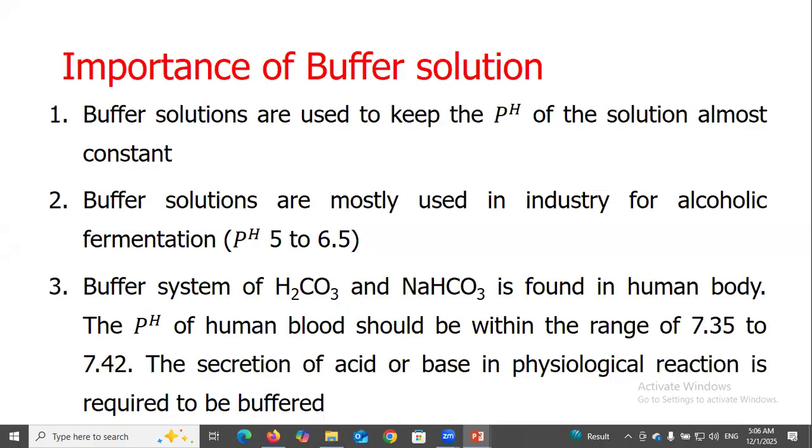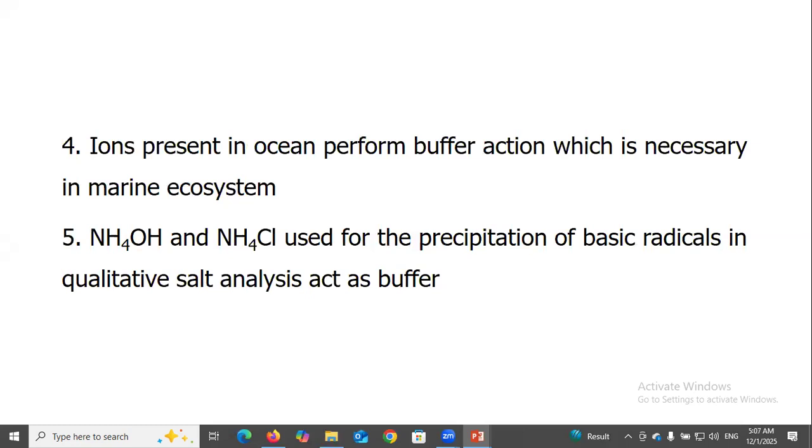The secretion of acid or base in physiological reactions is required to be buffered. Ions present in the ocean perform buffer action, which is necessary in the marine ecosystem. Ammonium hydroxide and ammonium nitrate are used for the precipitation of basic radicals in qualitative salt analysis, where the solution is buffered.